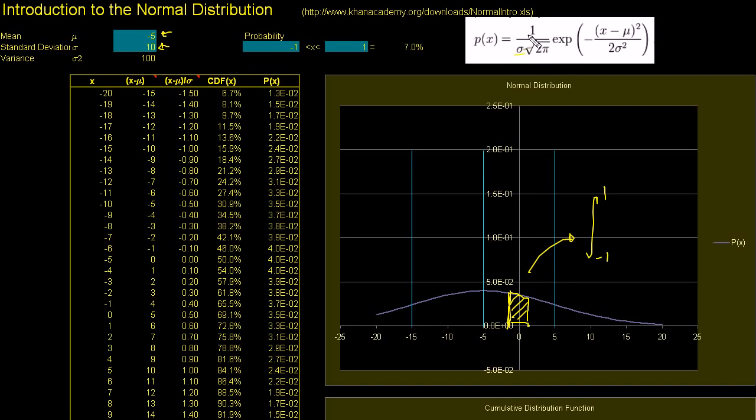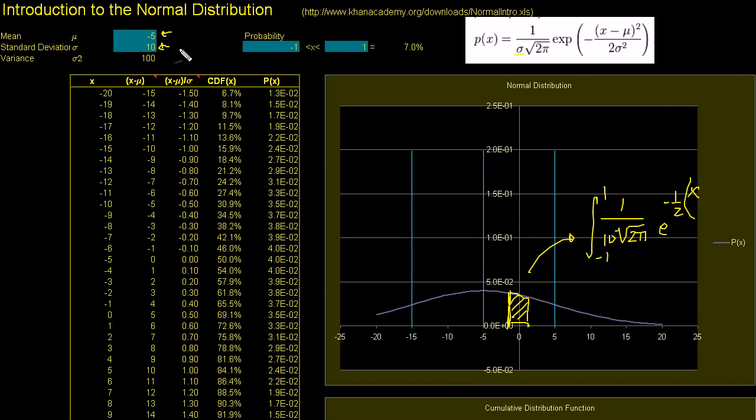And actually, let me put that in. So for this example, the normal distribution function is 1 over our standard deviation, 10, times the square root of 2 pi, times e to the -1/2 times x minus our mean over the standard deviation squared.